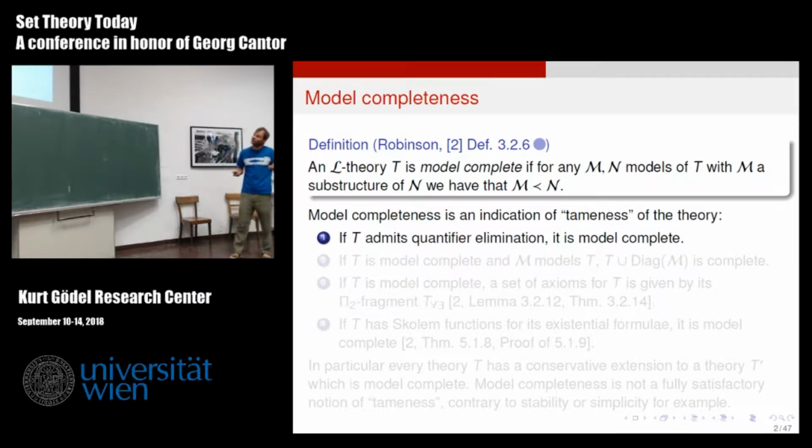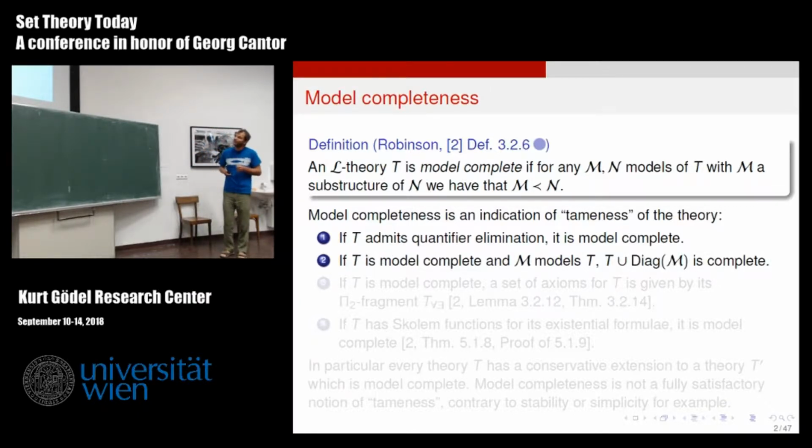So this is a sort of indication of tameness of the theory. Why? Well, first of all, it's implied by quantifier elimination, clearly, because you just have to be a substructure to be an elementary substructure if you have quantifier elimination. Then it is essentially a notion of the theory being complete, because maybe the theory is not complete, as it could have many different minimal models.